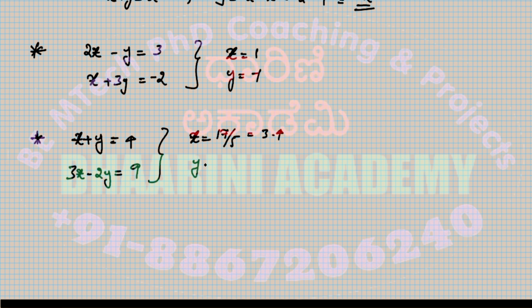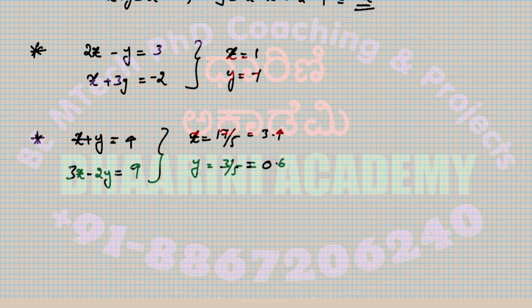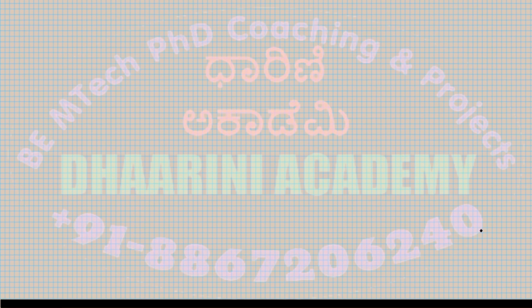Then y is equal to 3 by 5, which is 0.6. Okay, this is the Cramer's rule applied for a 2 cross 2 system, or the system of linear equations with two variables. Let's move further.